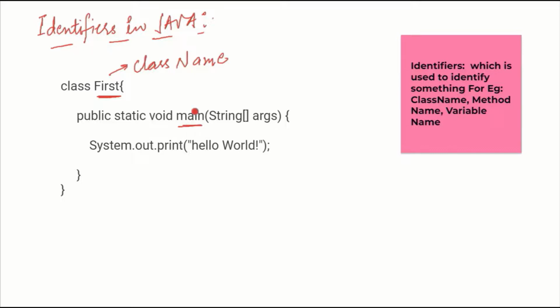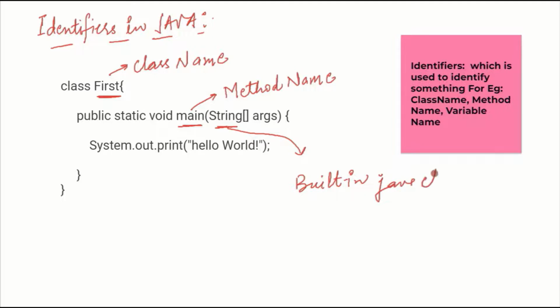Main, this is a method name. String, this is an identifier which is a built-in Java class name. What is args? This is a variable name.